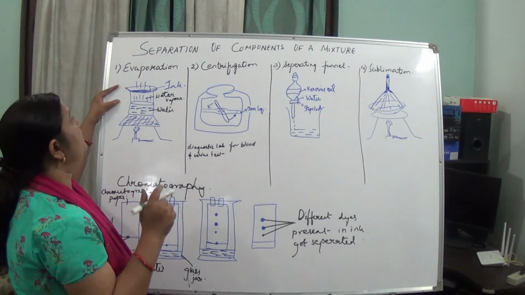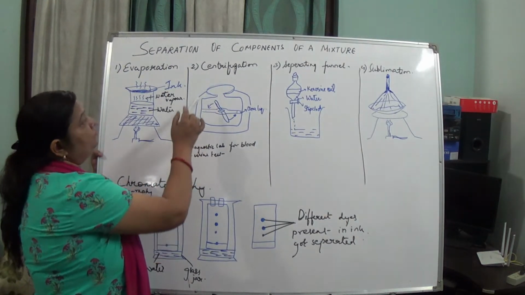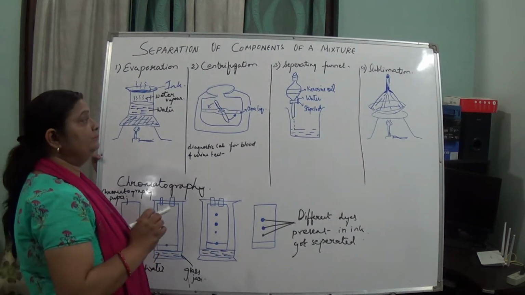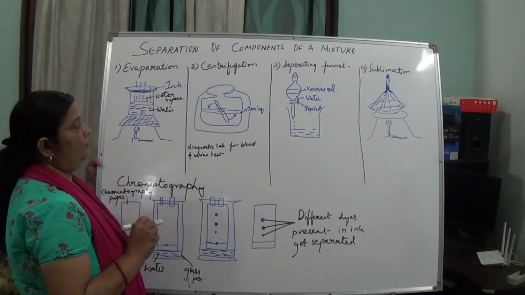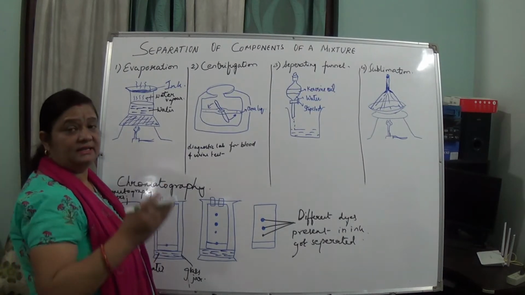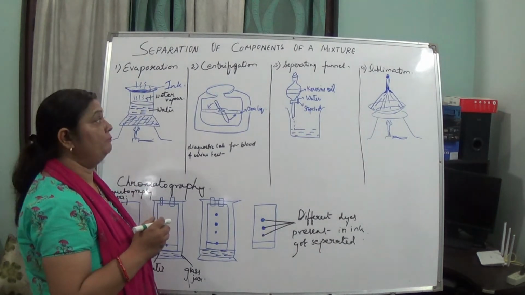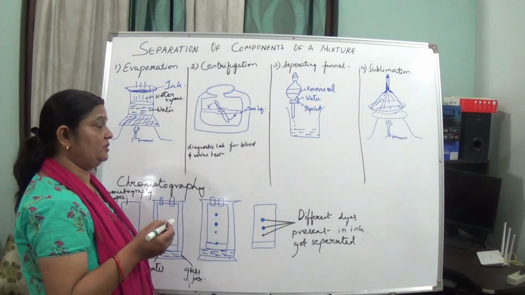Next is centrifugation. In this process, an example is the separation of cream from milk, which is done by centrifugation.